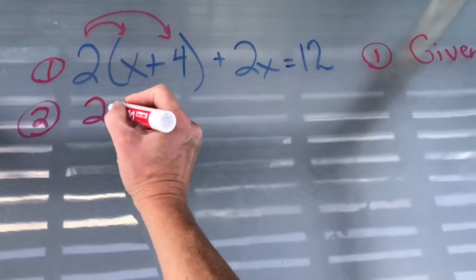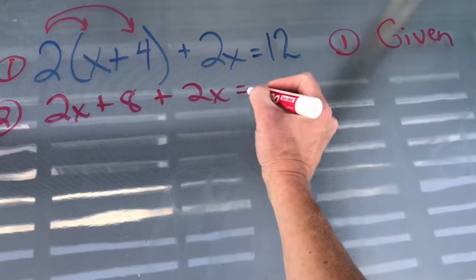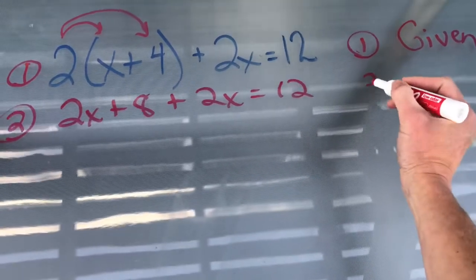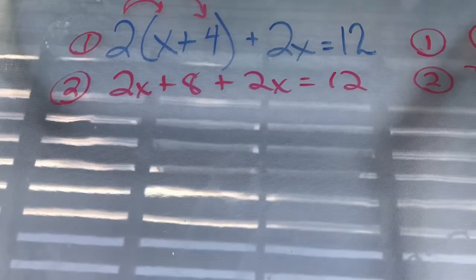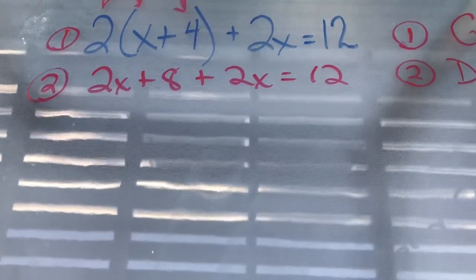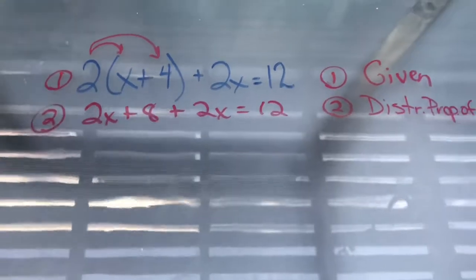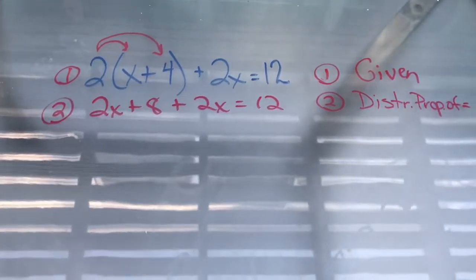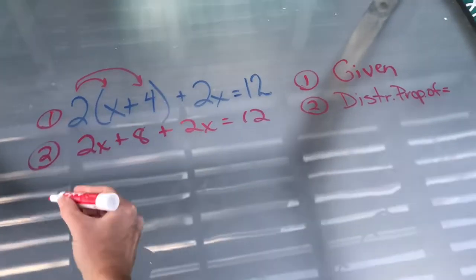Okay, because I'm distributing. So we have 2x plus 8 plus 2x equals 12. And that's the distributive property of equality. So I'm just going to write the prop of equality equals. Prop of equals.